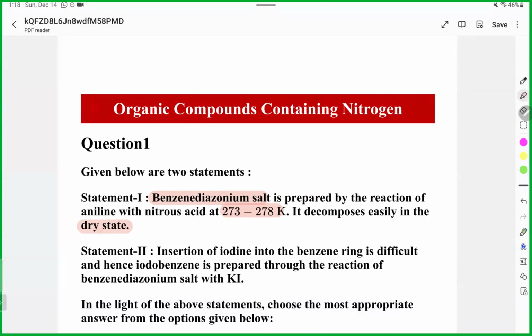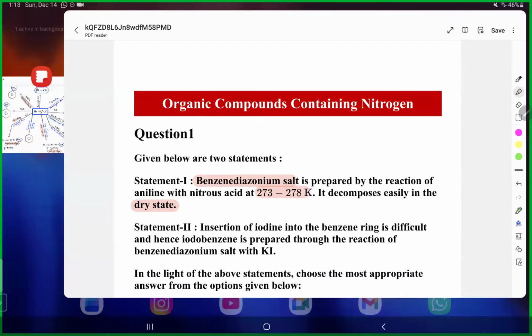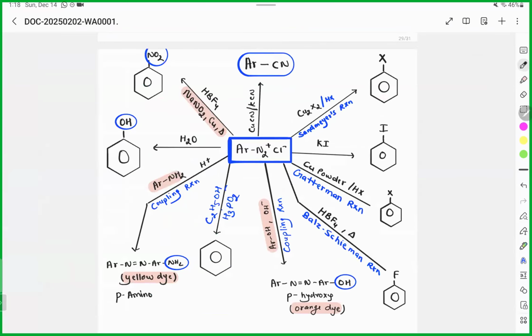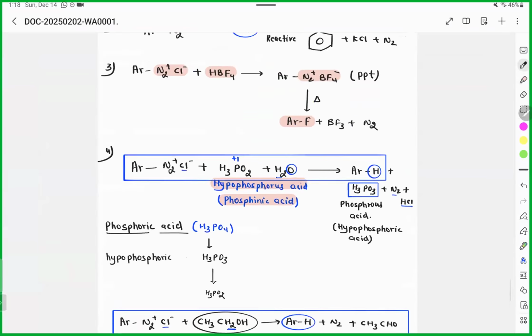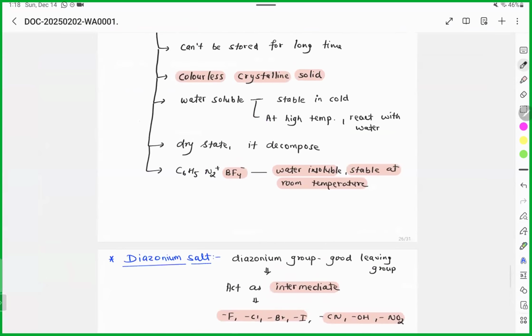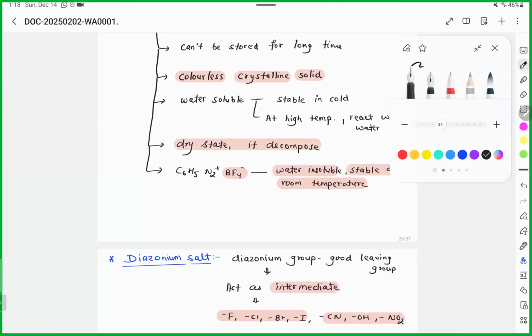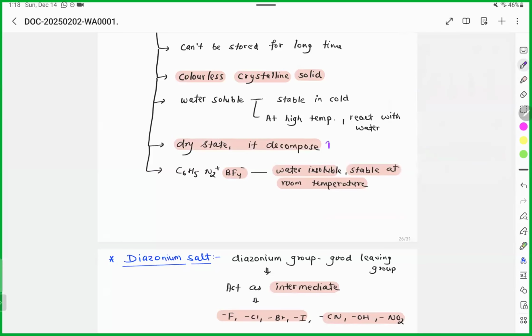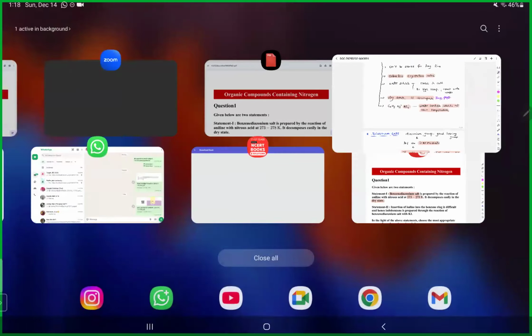That's true, and that's why I said dry state. Whatever I am writing from NCERT is important. In the dry state it decomposes easily. So you can write important and PYQ. Correct. Next.